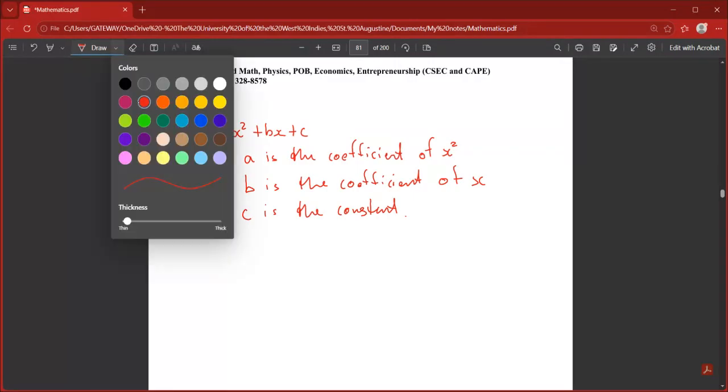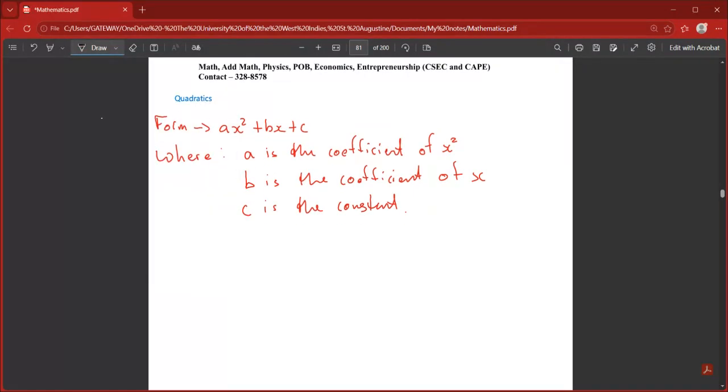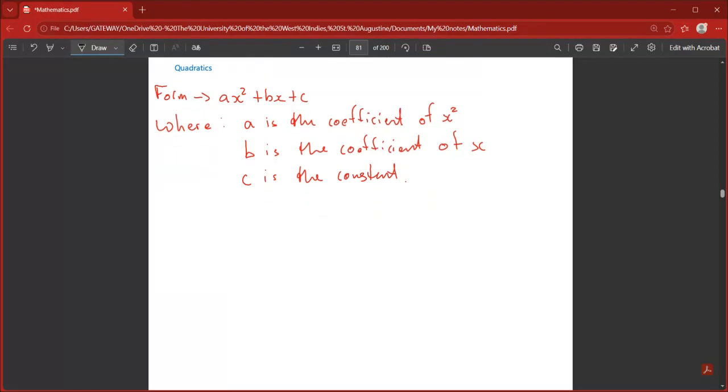So let's first identify how to get those values, how to pull out those values from a question. So example 1, find A, B, and C for the following. So getting A, B, and C, that is very important.